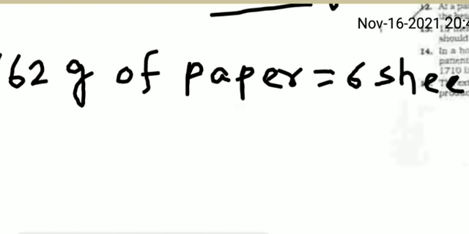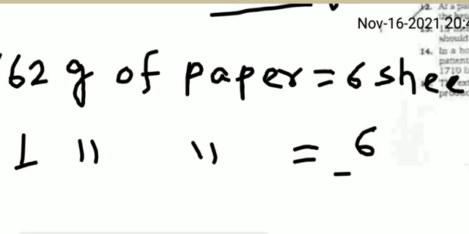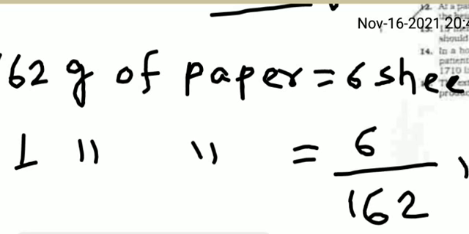So therefore, 1 gram of paper is here. Less weight of paper will be less number of sheets, so it will be divided: 6 by 162. Okay.